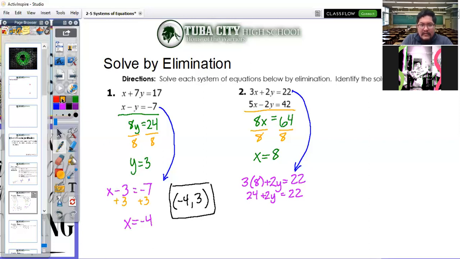And then from here, I'm going to get minus 24. And then 2y equals negative 2. And then I'm going to have to divide both sides by 2.